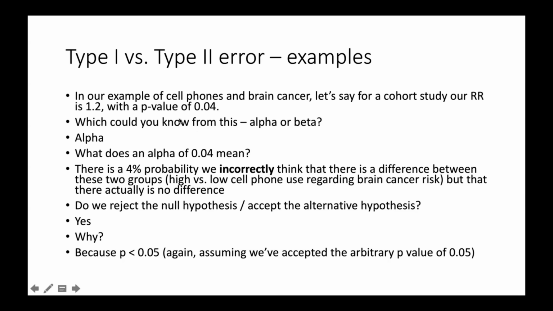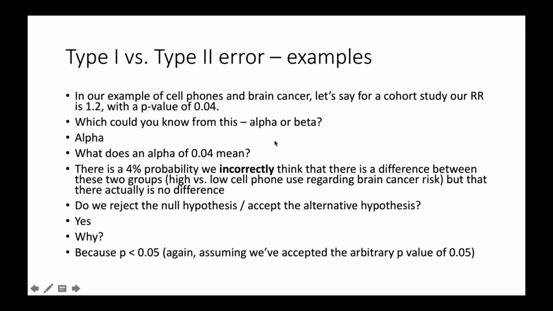For a p-value of 0.04, we've set our arbitrary cutoff at 0.05. So if the p-value is less than 0.05, we say that the alternative hypothesis is correct, in a very general sense. Does that make sense?